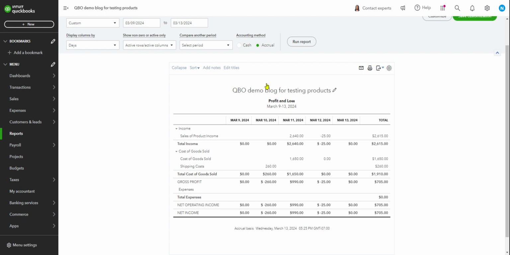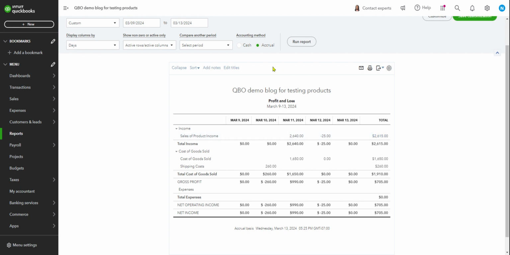It could be anything. So if you run the accrual, then you get a true picture. As you can see here, this is the first month. I don't have any other transactions in this demo account. So it's basically 2615 is your income, and then you have cost of goods sold, and the shipping cost, and then the gross margin, 705. If you calculate the percentage, you'll see how much gross profit margin you have from these sales.